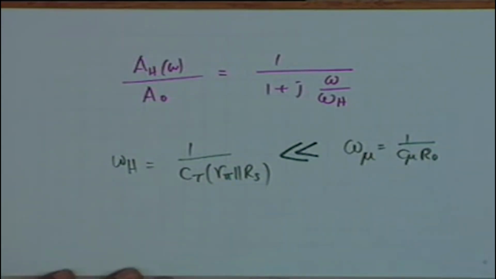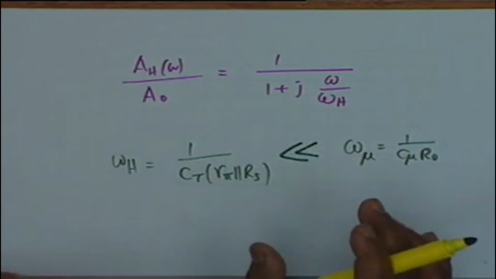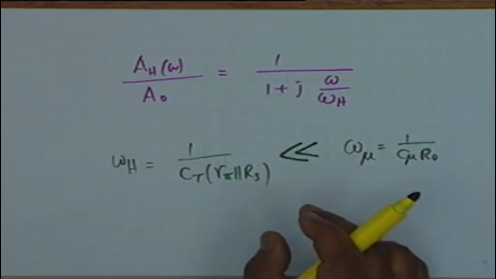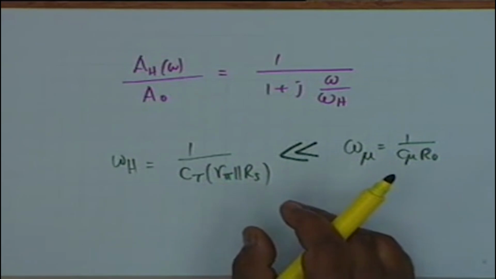Is the point clear? Now between the 2 values of omega h and omega mu, the lower one shall determine the high frequency 3 dB point. Is this point clear?